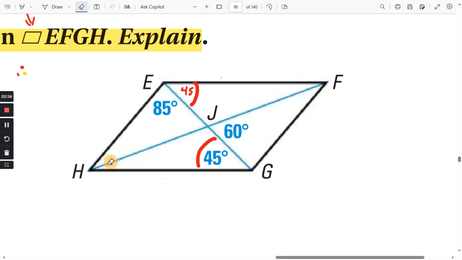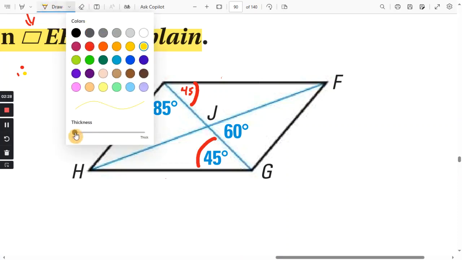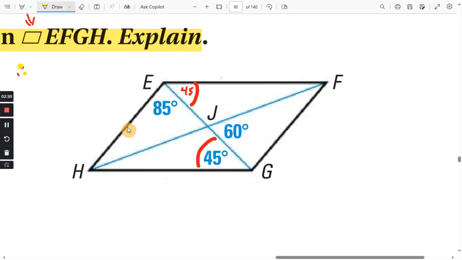And I can do that with the 85 as well. If I can make a Z shape or an N shape around the 85, I can go like this, and like that.